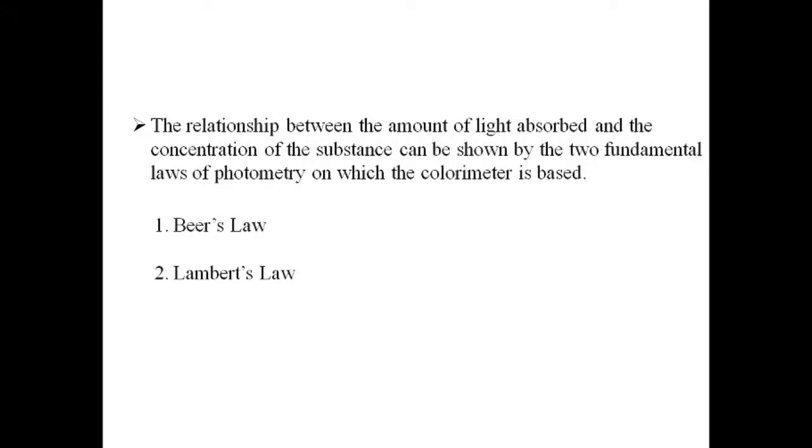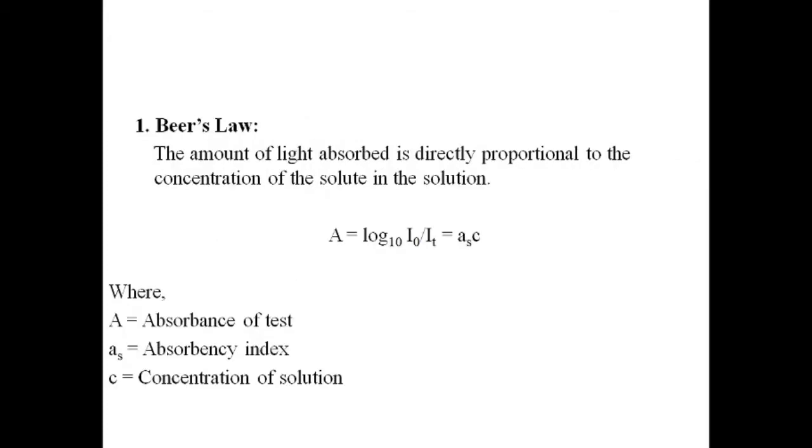So, the overall working of the colorimeter is associated with two laws: number one, Beer's law, and second, Lambert's law. Let's see what Beer's law and Lambert's law are, and the mathematical relation, to prove that there is a relation between absorption and concentration of a solution under test.